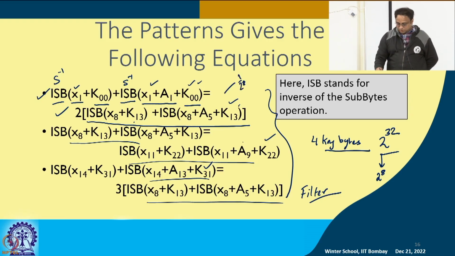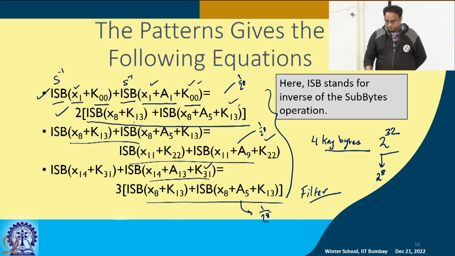And what is the probability that this equation will get satisfied? That is also 1 by 2 power of 8, because these are again 2 bytes. And likewise, the probability that this will get satisfied is also 1 by 2 power of 8.